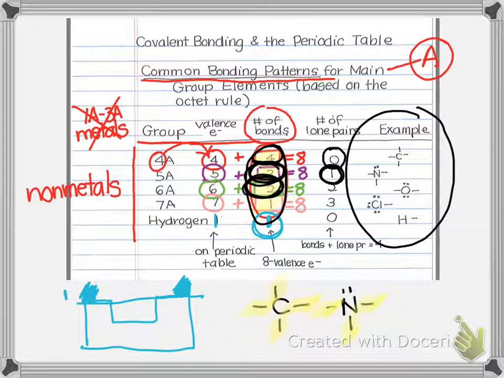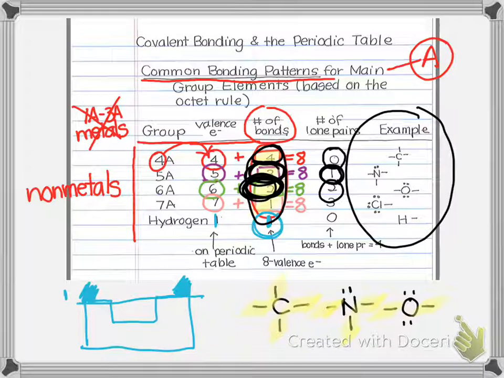Now oxygen right here in group 6A likes to form 2 bonds. So if I draw oxygen with 2 bonds, remember each bond has 2 electrons, that would only be 4 electrons. Now I only predict that oxygen would like 2 bonds, so I'm not going to draw more lines, but that would mean it has 2 lone pairs.